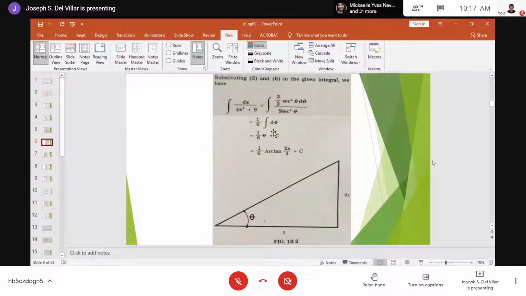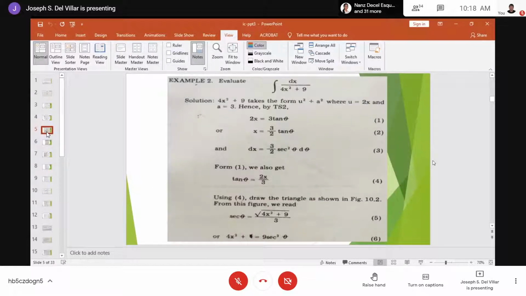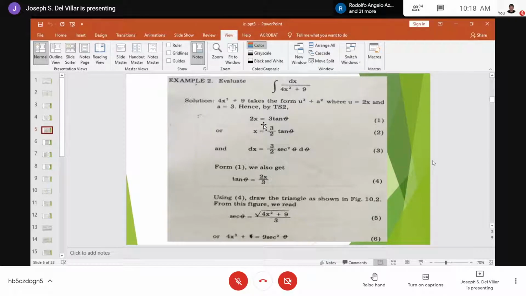But theta, based on the substitution, paano nyo kukunin? Bakit nagkaroon ng arctan? Kasi galing dito sa 2x is equal to 3 tangent theta.